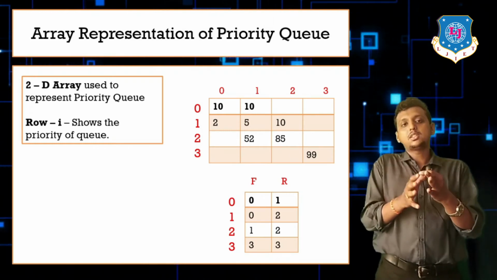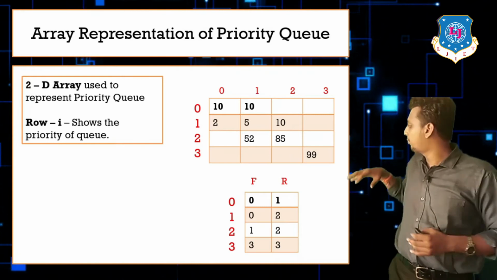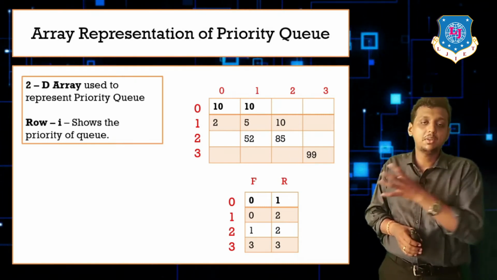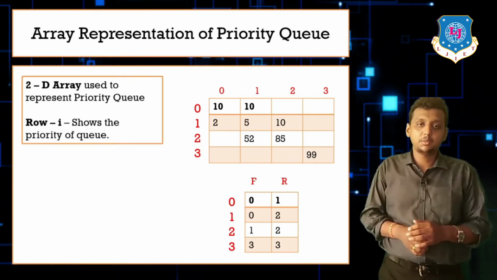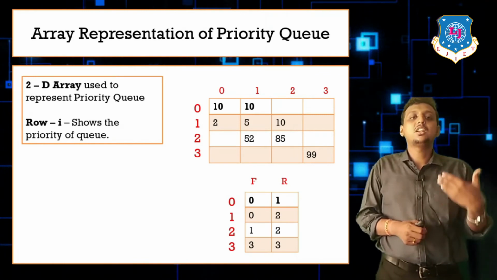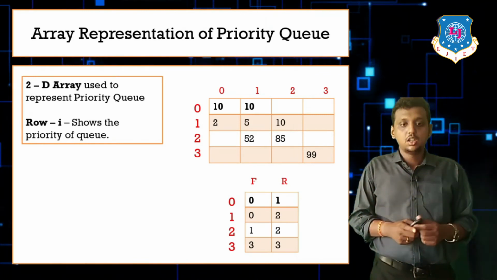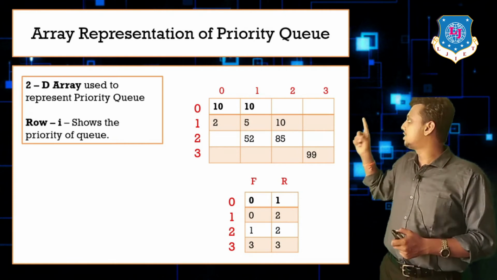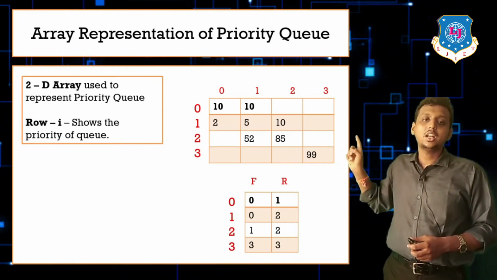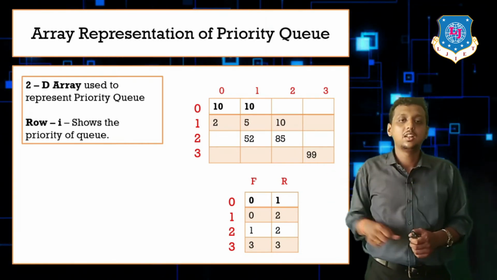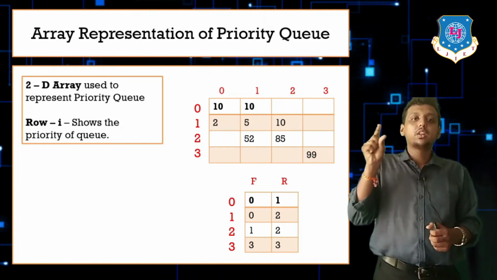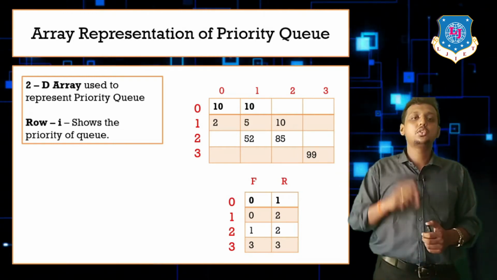Below the table, I am going to represent the values of front and rear in the form of a matrix, a two-dimensional array. If you can see, for the first queue, 10, the front position is 0 and the rear position is at 1.